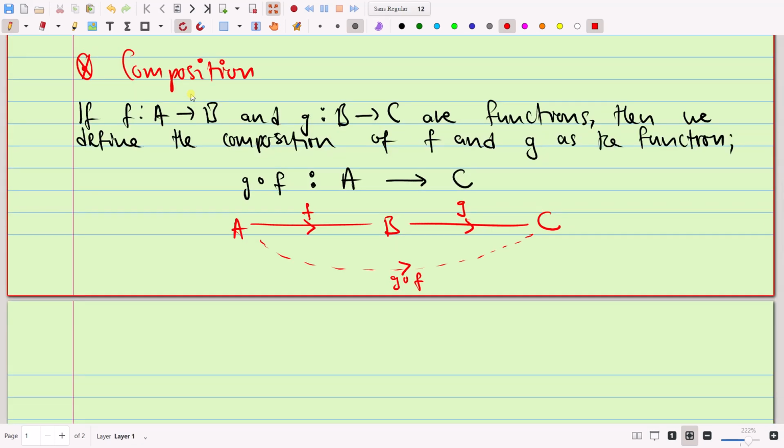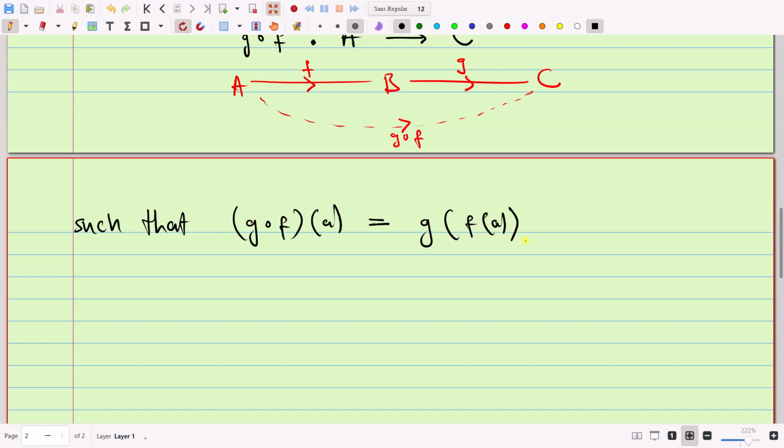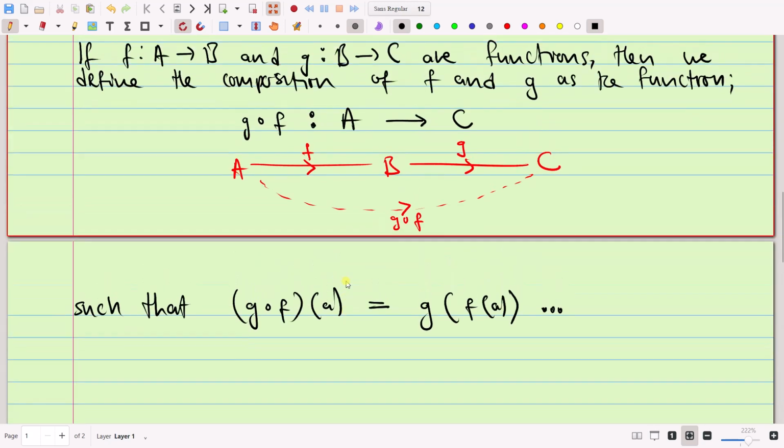So the composition is the function g o f, which is defined such that (g o f)(a) is just the same thing as saying g of f of a, like that, you see. So this is how we define the composition of functions.